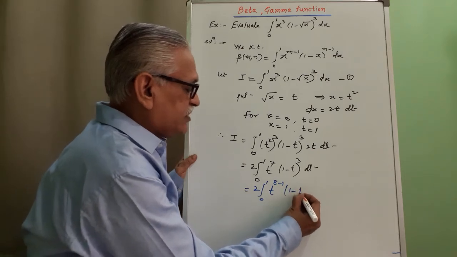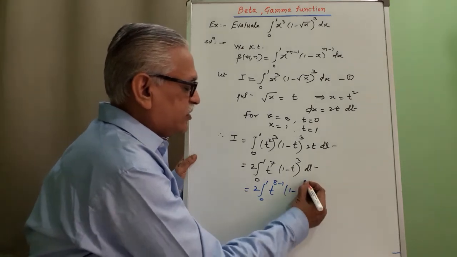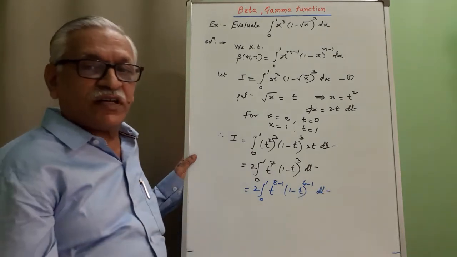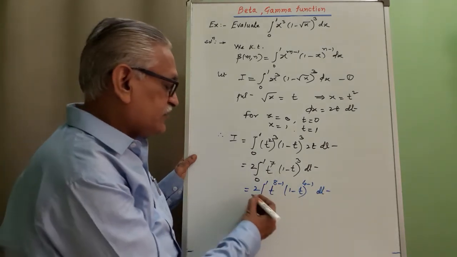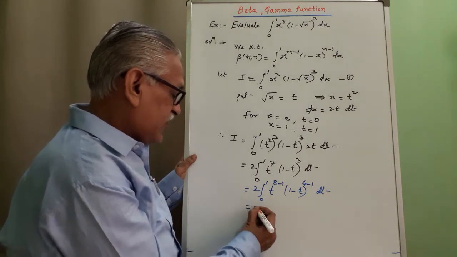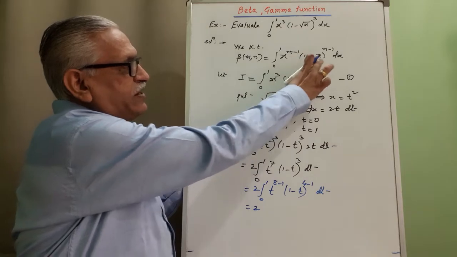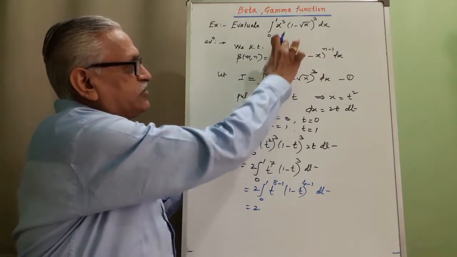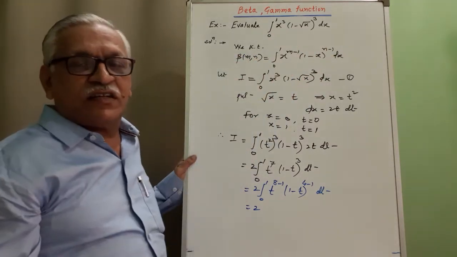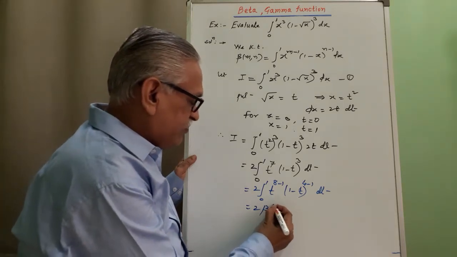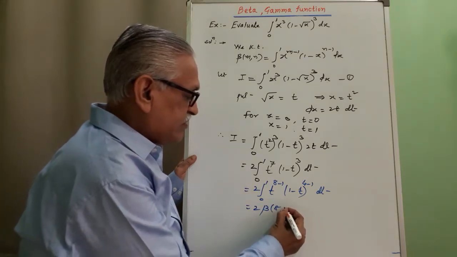And (1 minus t) raised to 3 we can write as 4 minus 1. Then this is nothing but 2 times x raised to m minus 1, (1 minus x) raised to n minus 1, limits 0 to 1, which is the definition of the beta function. Therefore it becomes beta of 8, 4.